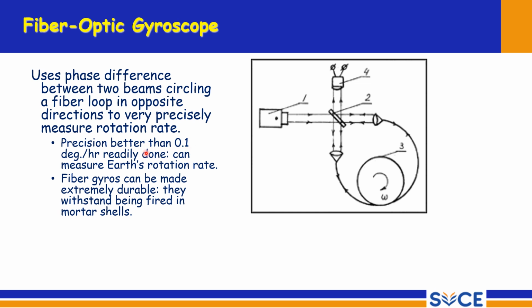Precision better than 0.1 degree per hour is readily done. Fiber gyros can be made extremely durable; they can withstand being fired in mortar shells also. That effectively shows how we can employ fiber optic sensors.